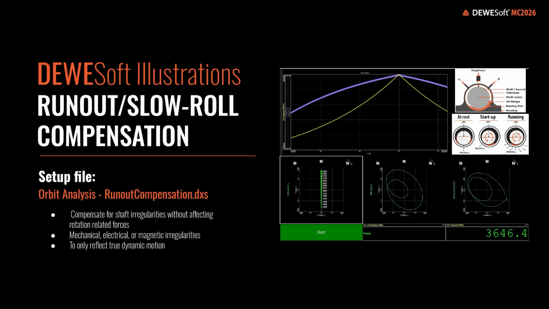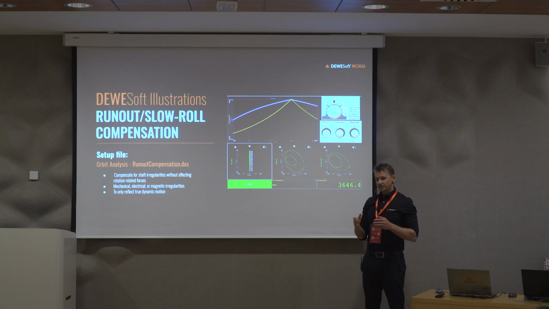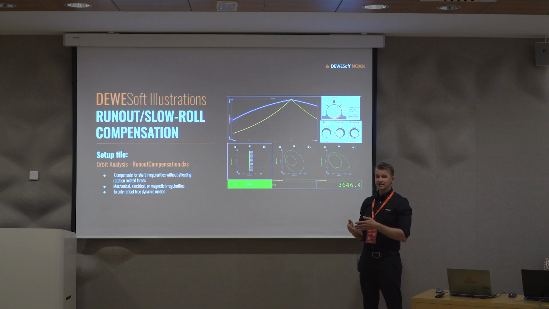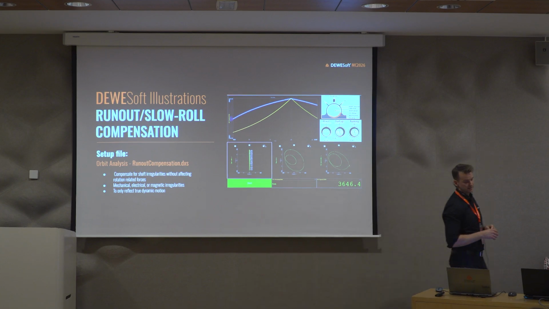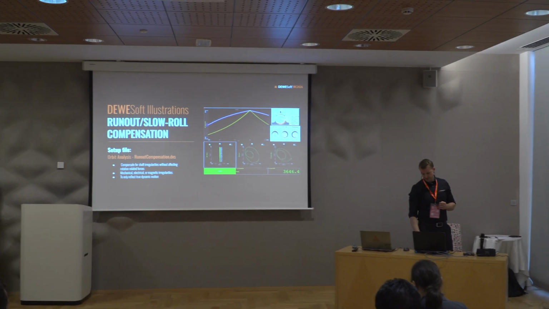At a slow speed where you don't have any dynamic motion running, you can create a measurement of only the irregularities of the shaft, and then you can compensate that away. So next time you are doing the analysis, it will only tell you about dynamics that are not related to such things. And the same thing goes for harmonic compensation.